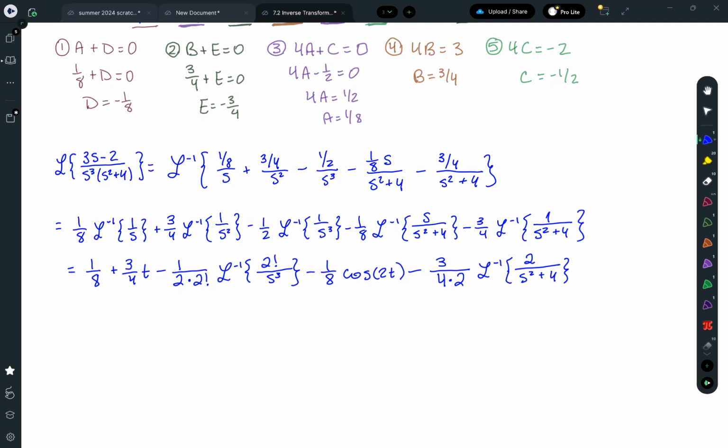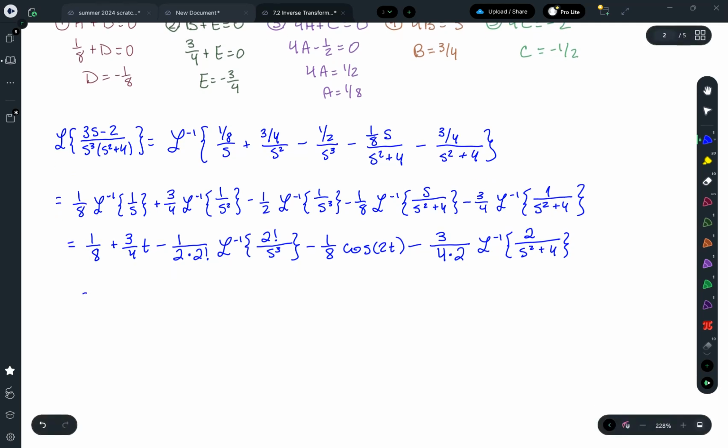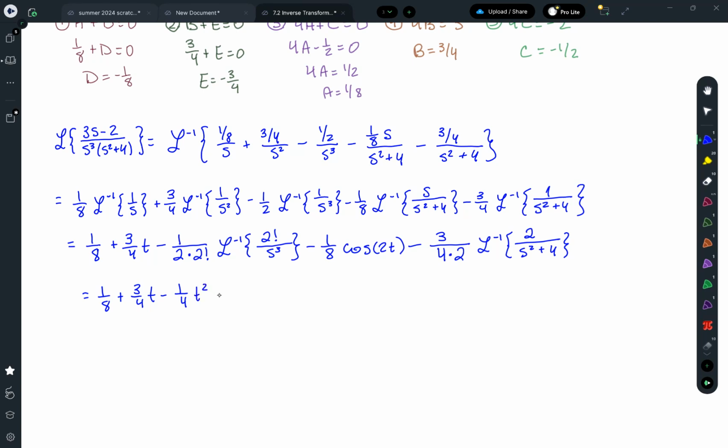Okay, now let's do our final step. This is 1/8 plus 3/4 t minus 1/4 t squared minus 1/8 cosine of 2t, and then minus 3 over 8 sine of 2t. And that's it.